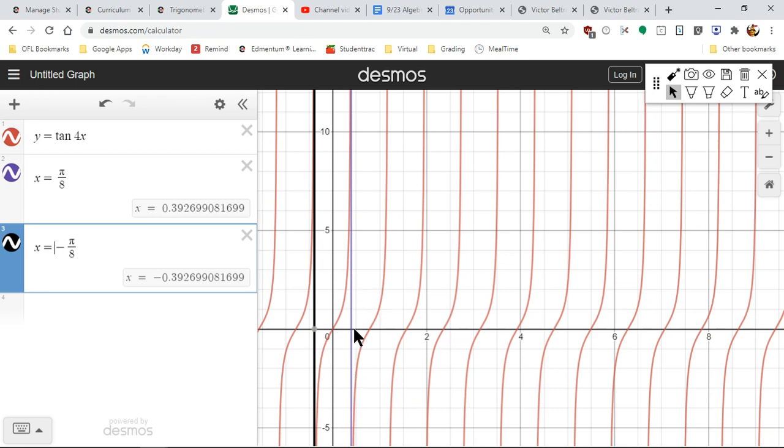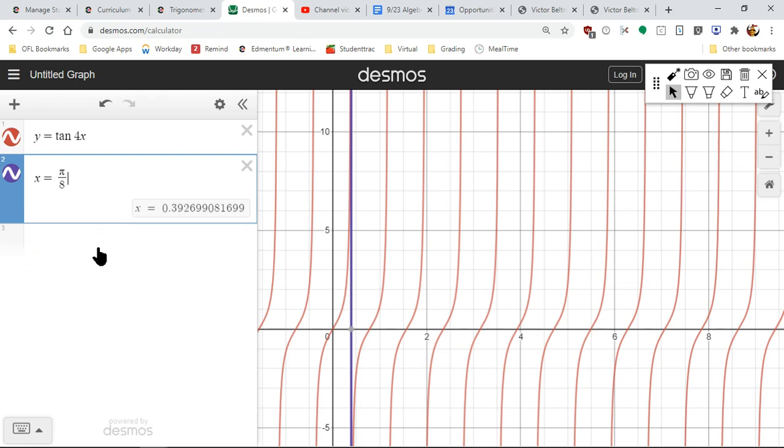The only difference is tangent kind of starts off at the negative part. But if I did this, looking at x equals pi over 4, I see that it cuts it right down the middle.